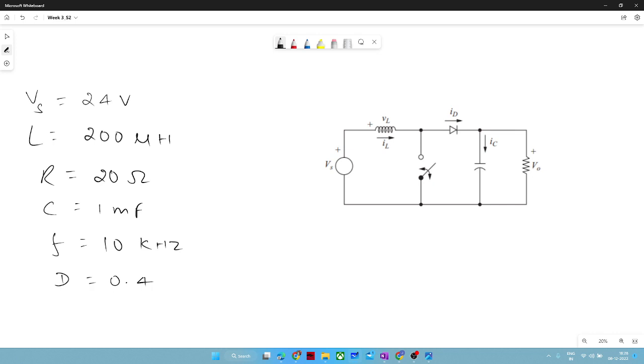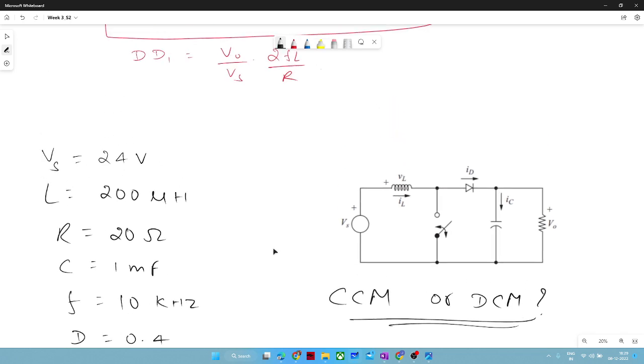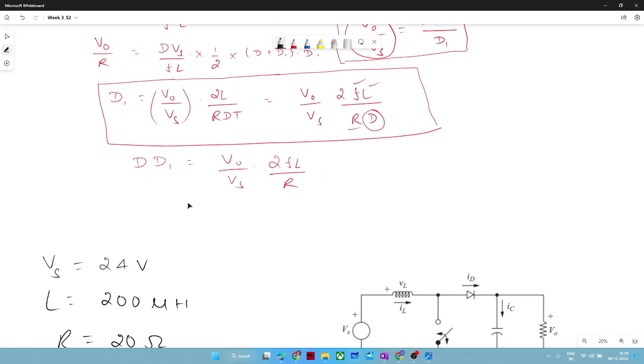So first thing first, we need to identify whether this circuit is in continuous conduction mode or discontinuous conduction mode. From this expression of d1, we can easily find out, but one hurdle is there. We do not know the value of V naught.